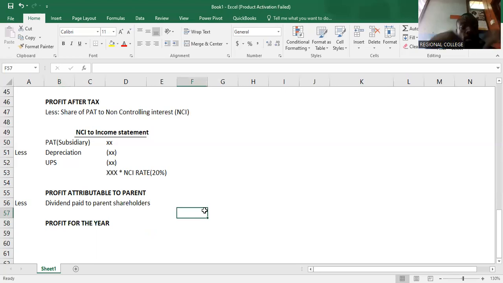So from the profit for the year, that means I have to take it to the retained earnings account.